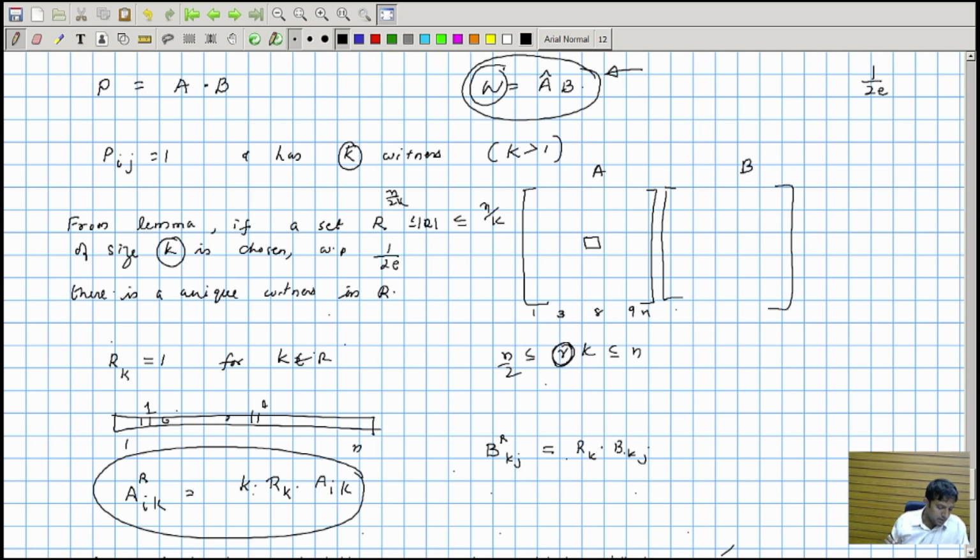So if you look at these matrices and at the matrix WR, which is equal to AR times BR, and this being integer multiplication, this WR will contain witnesses for all those ij which have a unique witness in R.